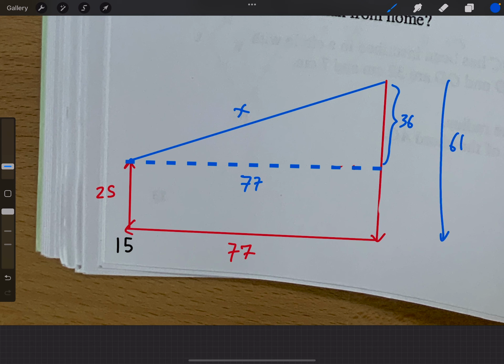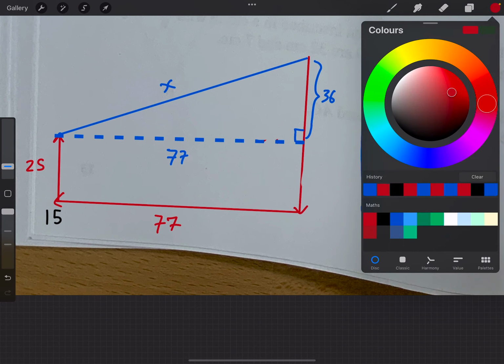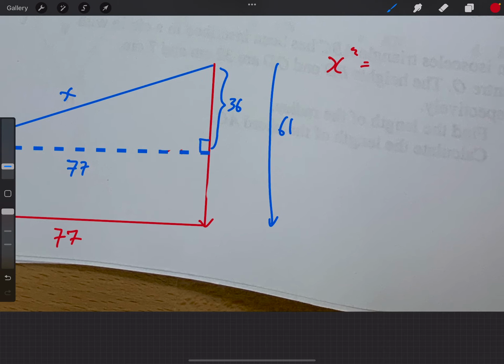Alright, so now we've got this triangle, which is a right angle triangle. Now we want to find x. So let's see, what can we say? We can say x squared is equal to 36 squared plus 77 squared, and x squared is equal to 7,225.